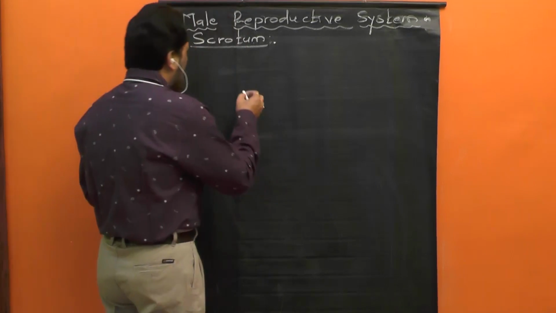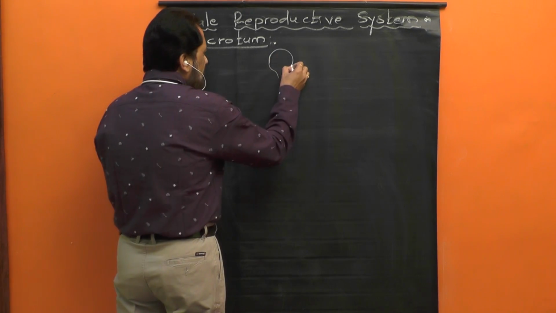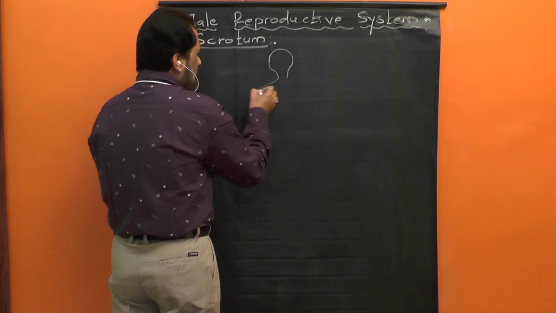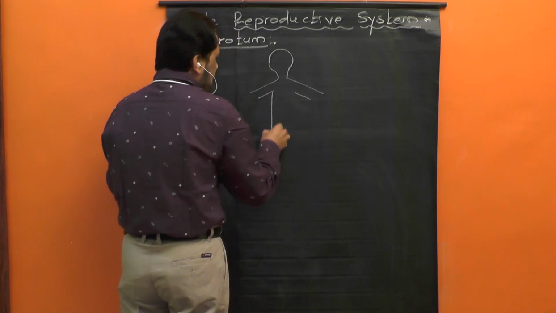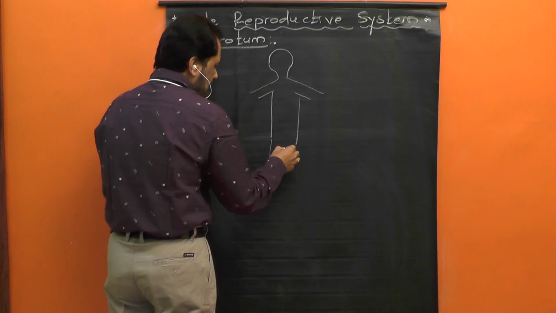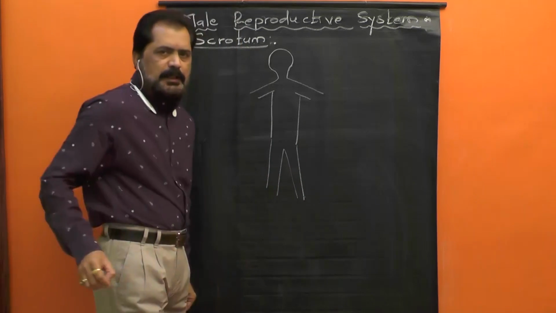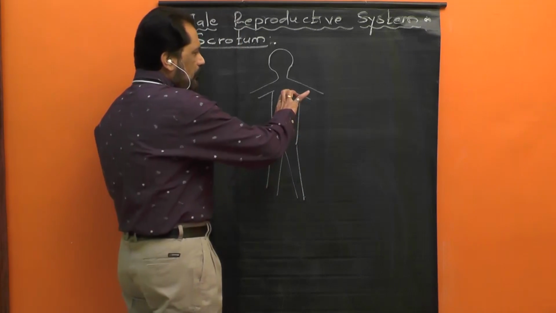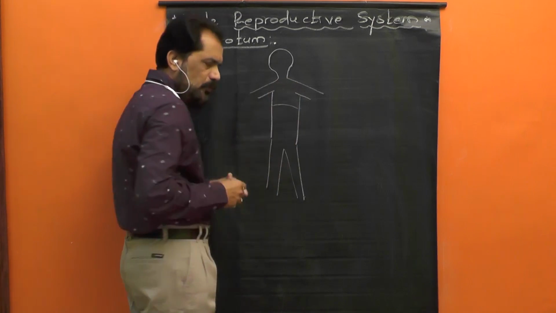Now let me explain properly. Here I am going to draw an outline diagram of the human body. Suppose here is a head, neck, forelimbs, and these are the two legs. All of you know the body of a human being is internally divided into two parts.